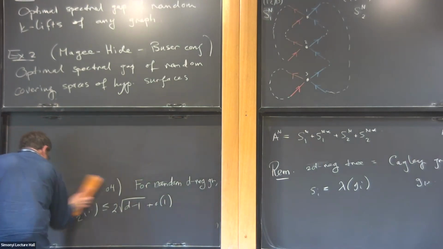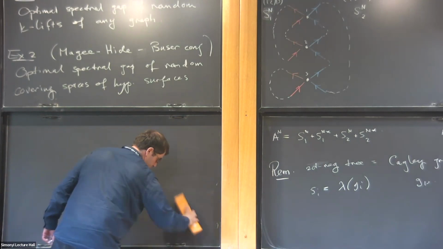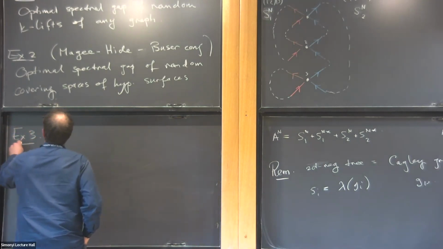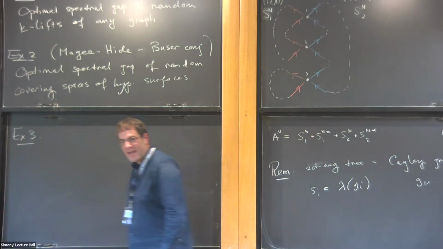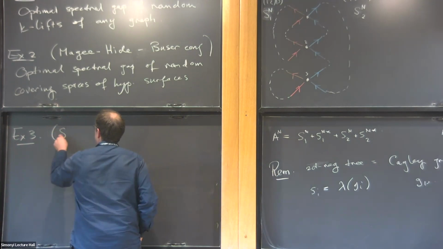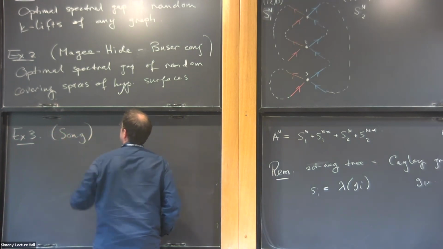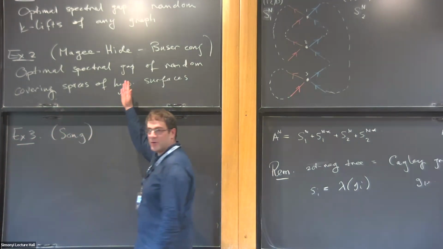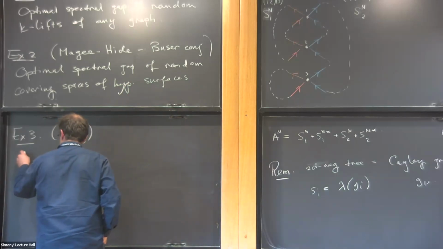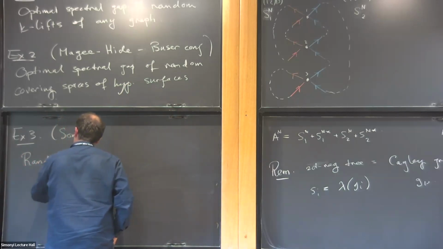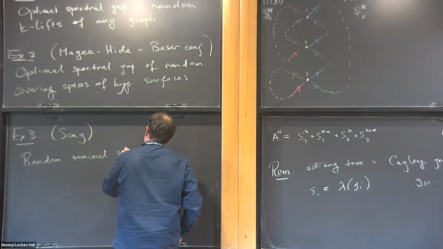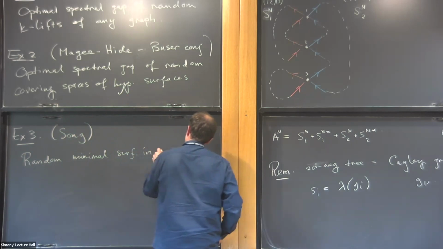There's another question which I will just mention very briefly, also in geometry. Last week, Antoine Song gave a beautiful talk at the university, which has nothing to do with spectral gaps. It's about the construction of random minimal surfaces in spheres.